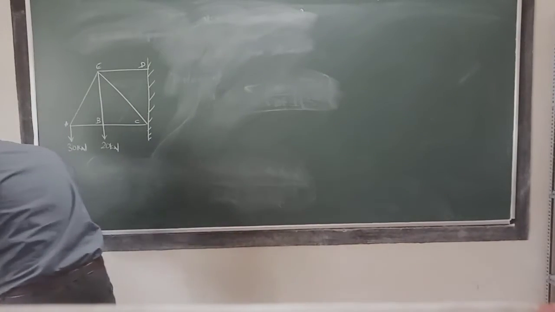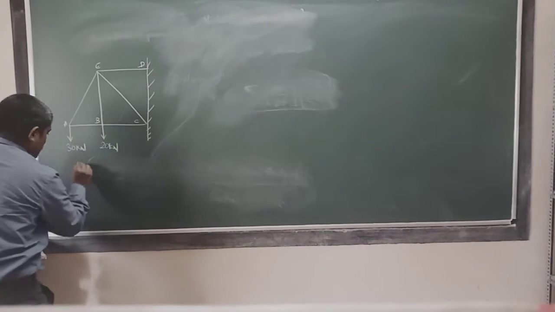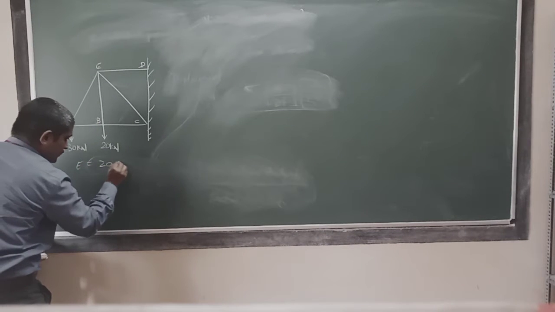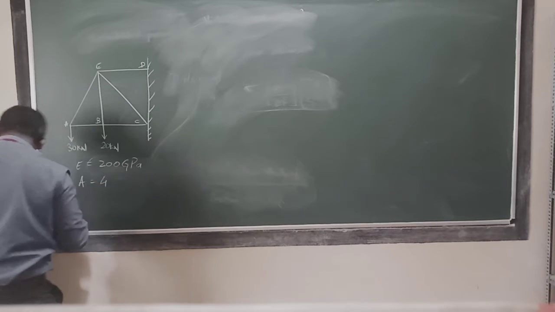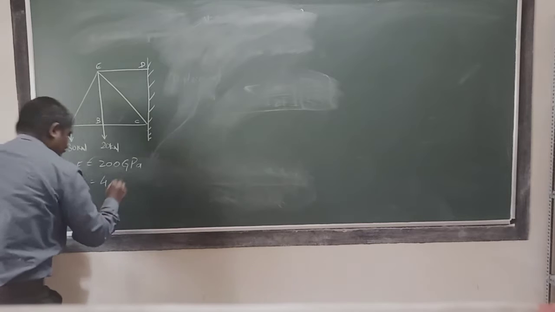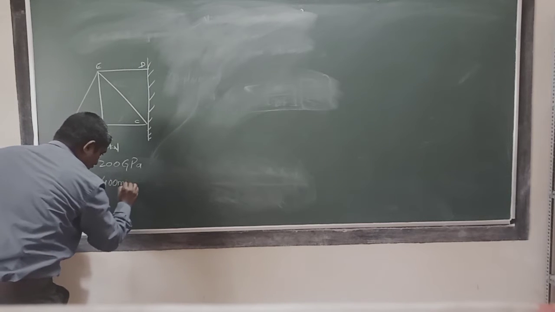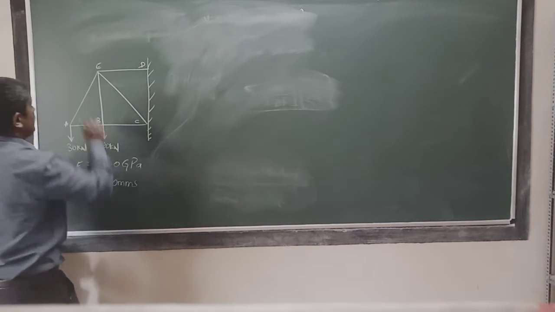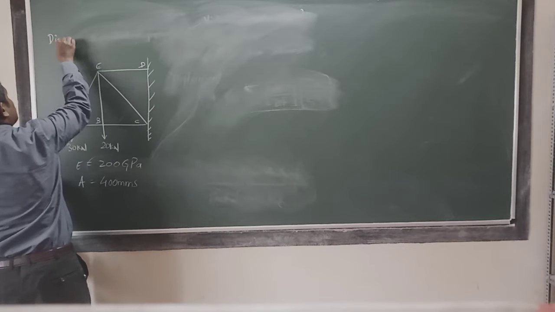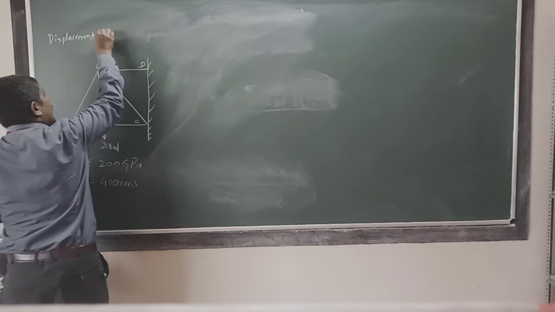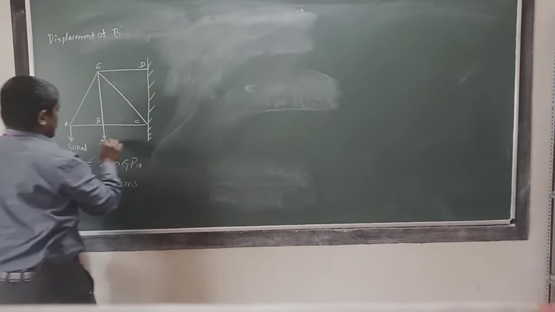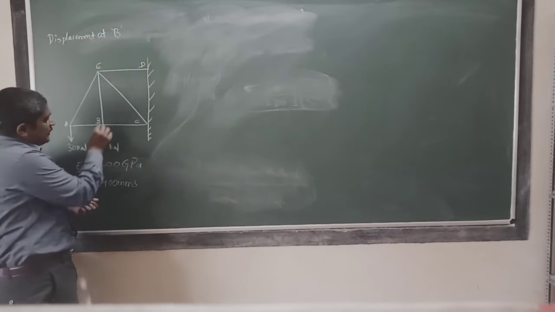In this, the given data is Young's modulus E equal to 200 GPa, and the area for all the members is given as 400 mm square. Okay, and they have told you to calculate the displacement at point B. So we have to calculate the displacement at which point?